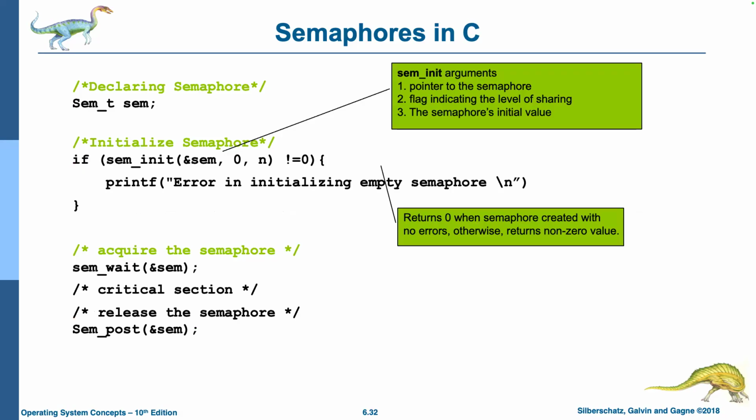This is semaphore init. You need a pointer to the semaphore structure, and a flag. Then acquire the semaphore and release the semaphore. It returns 0 if the semaphore is created with no errors; otherwise it returns a non-zero value, which means an error happened. The first argument is the pointer to the semaphore, the second is the flag, and the third is the semaphore's initial value n.